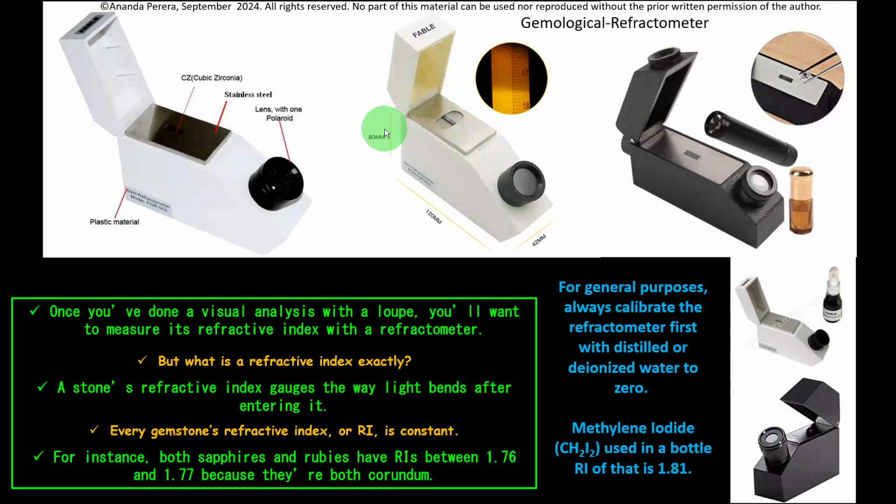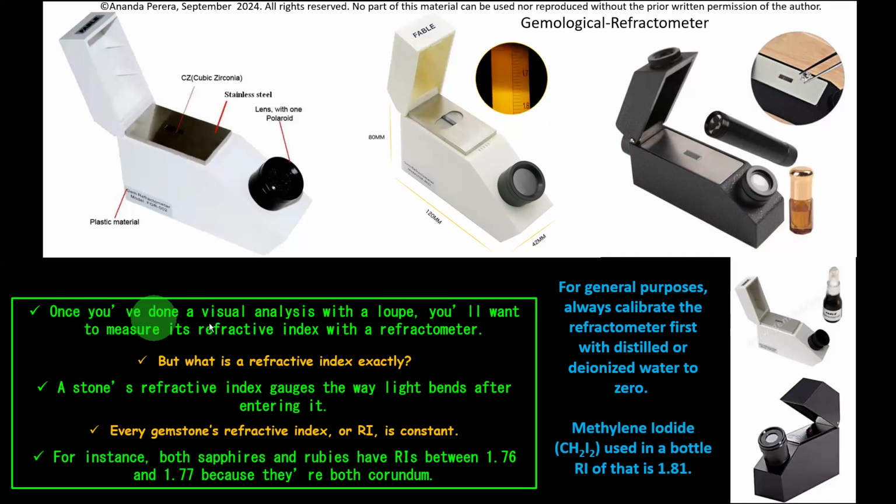The name is refractometer. We check RI. The stone is placed here, and the light is placed here. We can put the light from here. Then we can see inside like this. When we see through this lens, we can see the light like this.